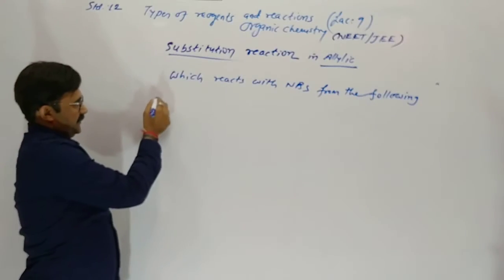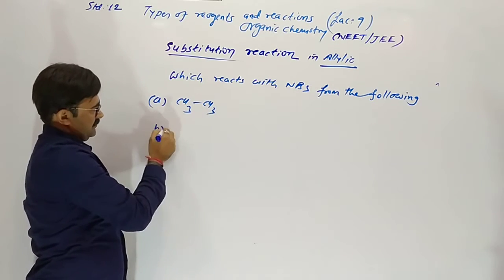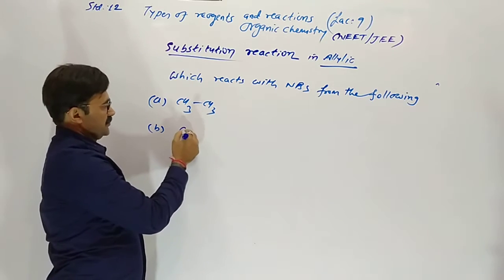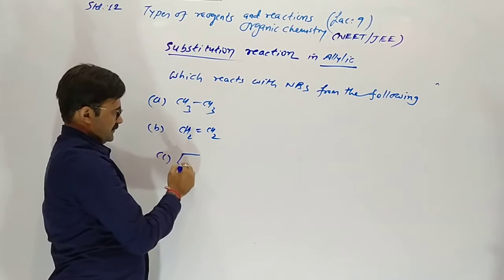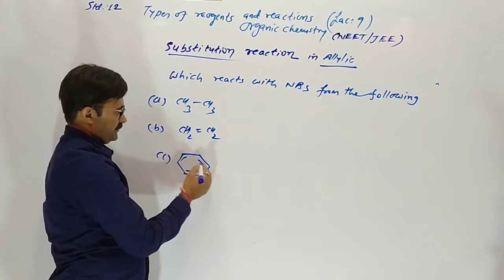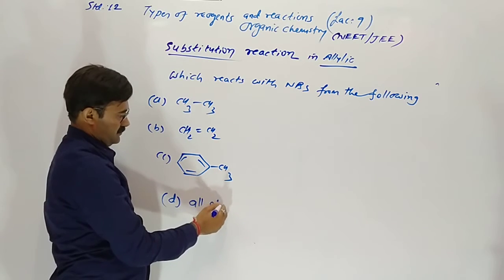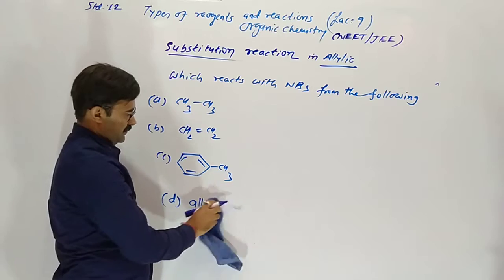One by one. Option A: CH3CH3, that means ethane; then CH2=CH2, ethene; then toluene. Okay, all of the above. All of these.